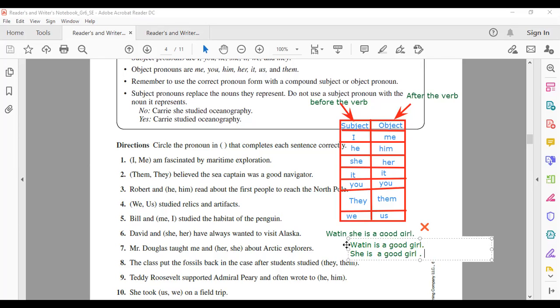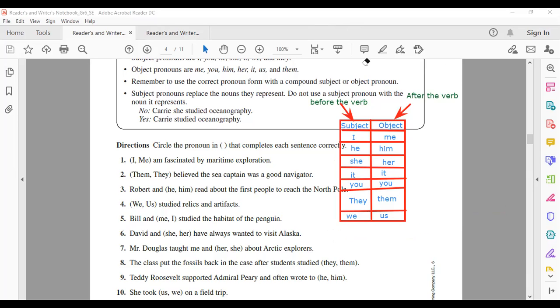But you never put the noun and the pronoun together. Understood, my girls? This is one thing I want you to focus on, because some of the girls have this problem. They put the noun and the pronoun together. This is wrong. Either you use the noun alone, the name of the person alone, or the pronoun alone, but never together. Now that being said, let's have an exercise together.